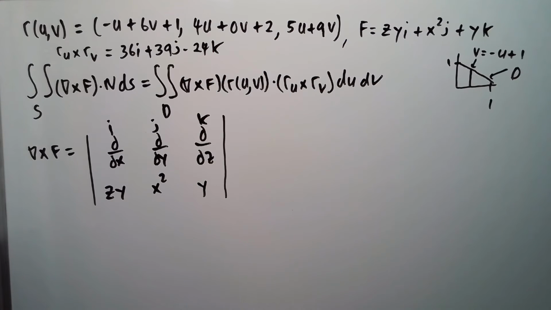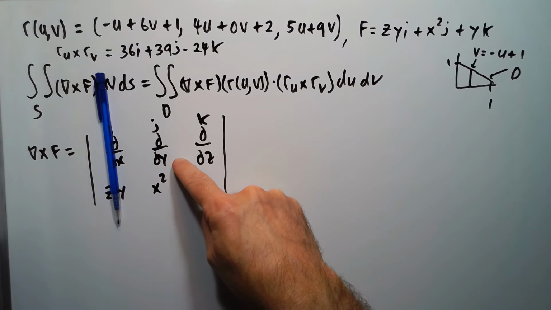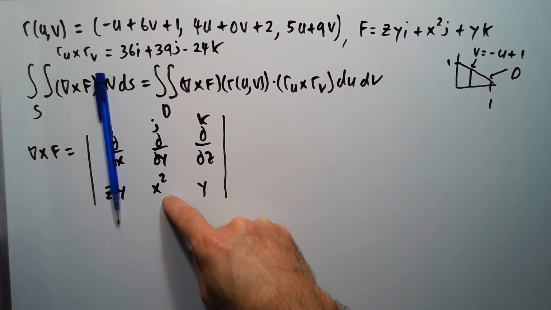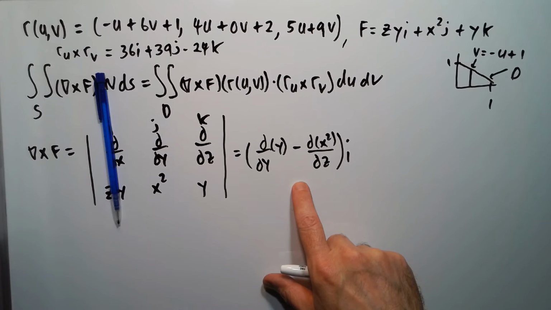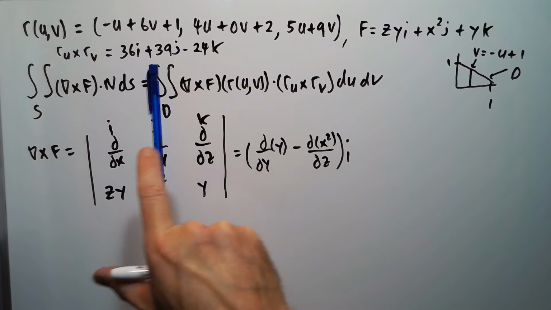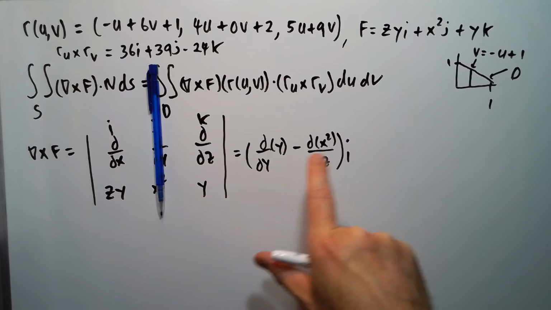So let's do the i component first. So it'll be the partial y operator acting on y minus the partial z operator acting on x squared. So we'll get this then. So then we'll go on to the j component. The partial x operator acting on y, minus the partial z operator acting on zy, with a minus sign in front.